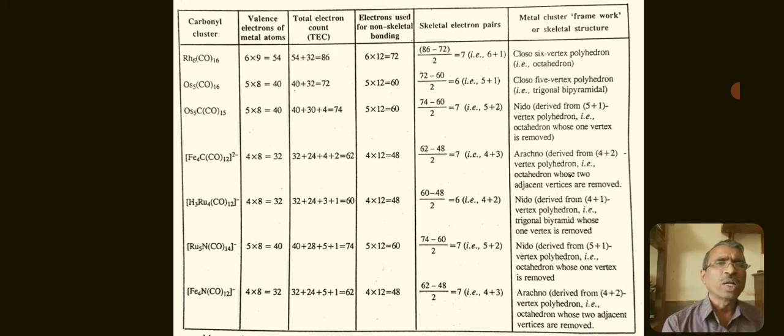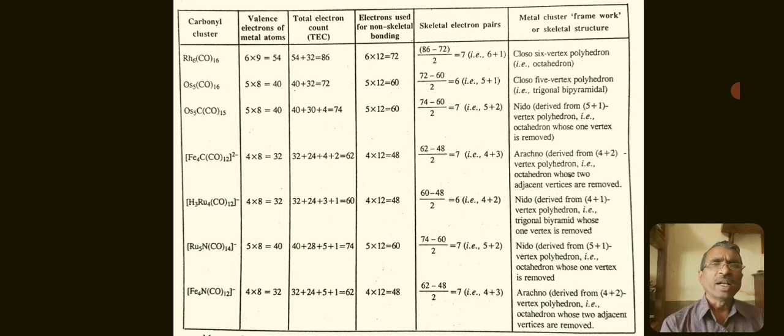Therefore, this complex has a closo structure. With 6 metal atoms, it is a 6-vertex polyhedron, or octahedron structure, and it is a closo-carbonyl.